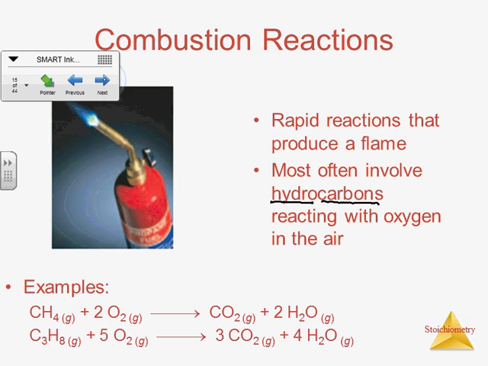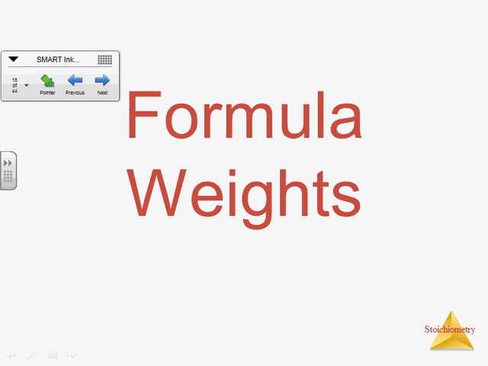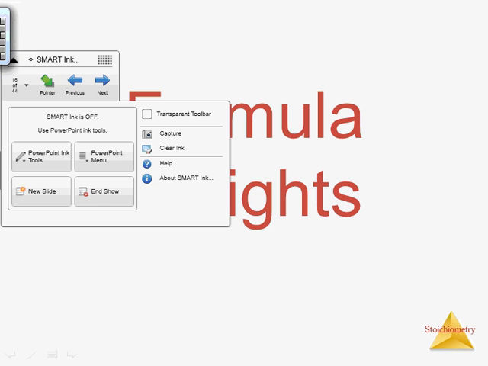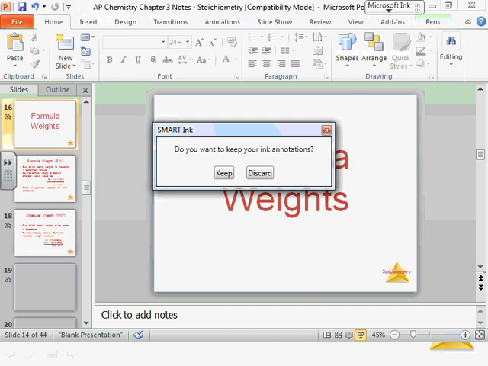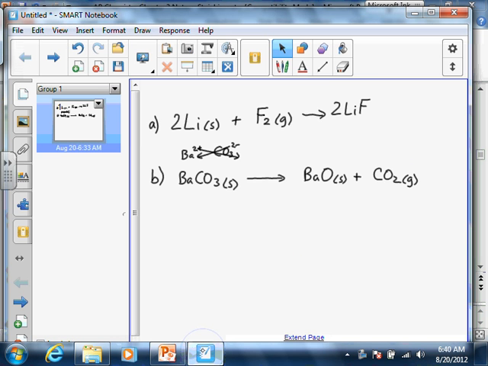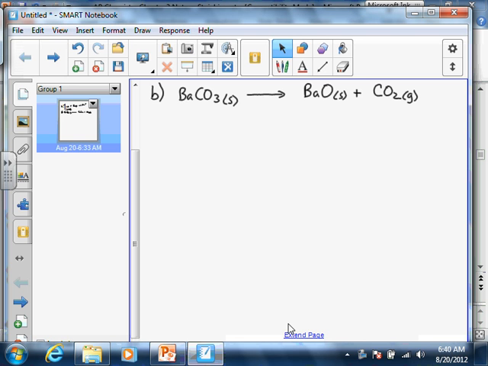We talked a little bit about alkanes the other day. Let's talk about a sample problem here. We've got an example problem: write the balanced chemical equation for the reaction that occurs when methanol, CH3OH, is burned in air.